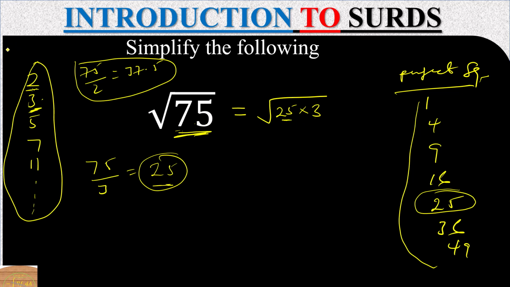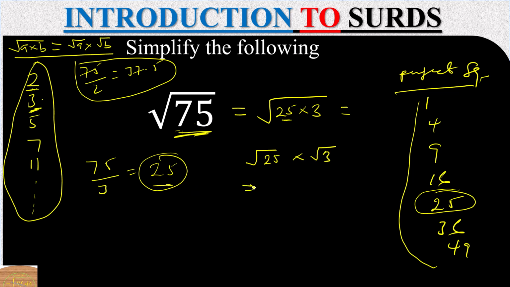In case you have √(A times B), the root sign is the same as √A times √B. So this one is the same as √25 times √3.